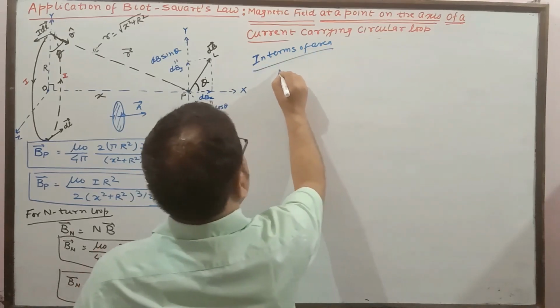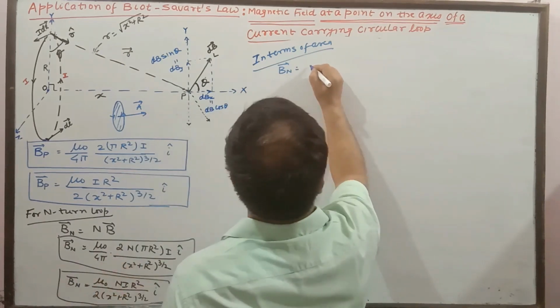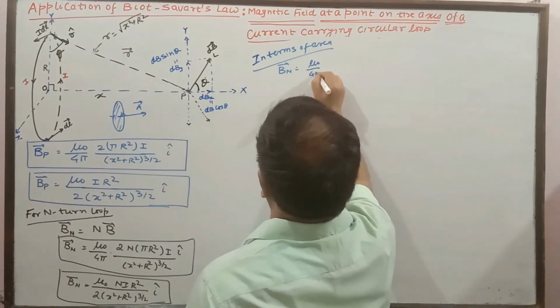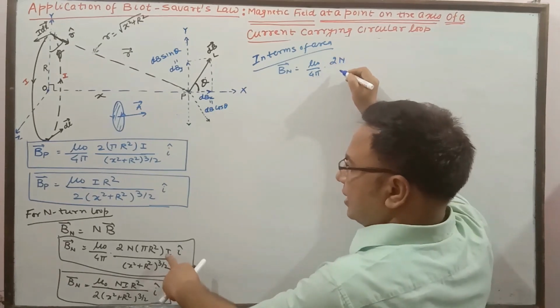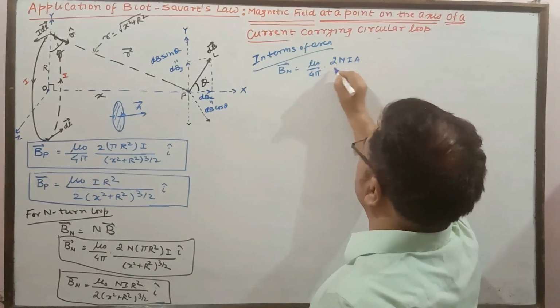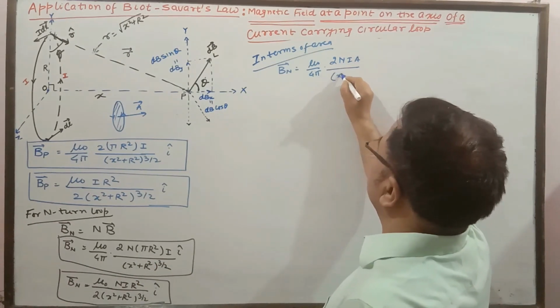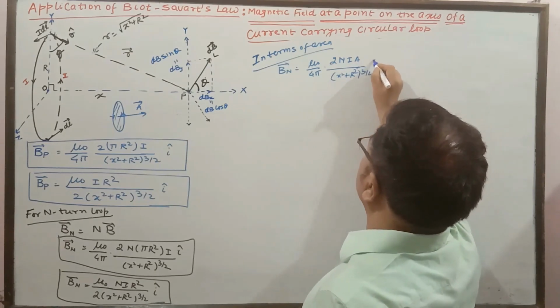Here this B for n terms I am going to write as mu naught upon 4 pi into 2 n, first writing pi r square, which is A, divided by x square plus r square whole 3 by 2, I cap.